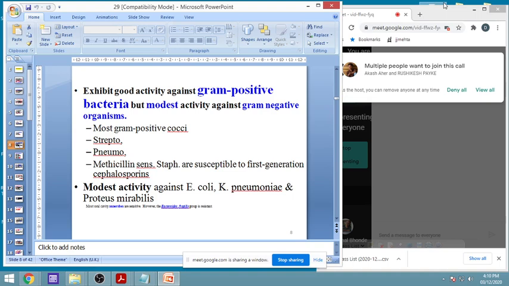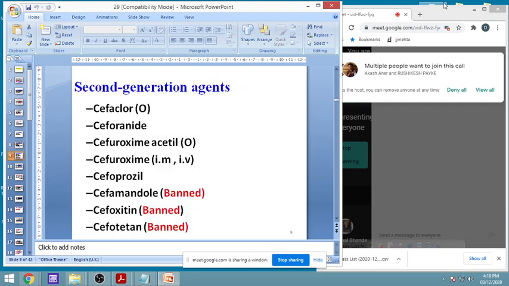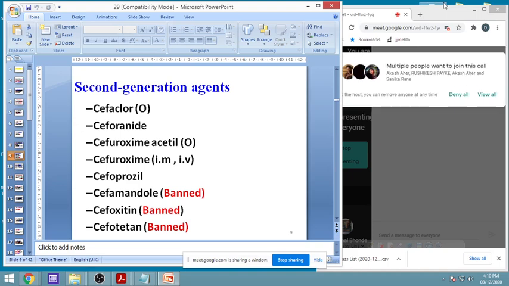Again, we are comparing with penicillin. Penicillins also had more activity towards gram positive organisms like streptococci and pneumococci, and lesser activity against gram negative ones. The second generation ones are cefaclor, cefonicid, cefuroxime, cefuroxime axetil, cefprozil, cefamandole, cefoxitin, cefotetan.